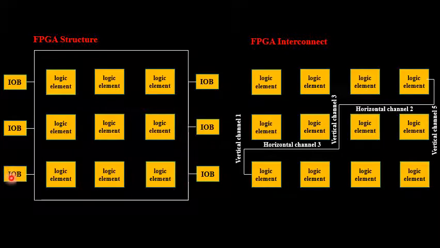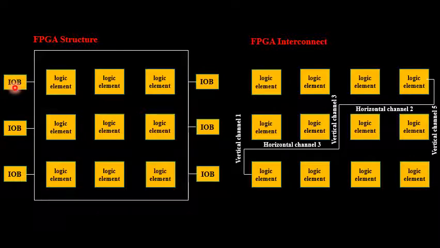It can be from the IOB block to the combinational logic block, or from the combinational logic to the IO block. Along with that, it may have interconnects between different logic elements, what you are going to find in this particular diagram. The third part is the IO pins, which are also called IO blocks, which I have mentioned as IOB in this particular diagram.